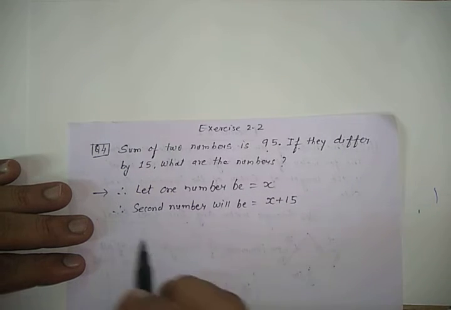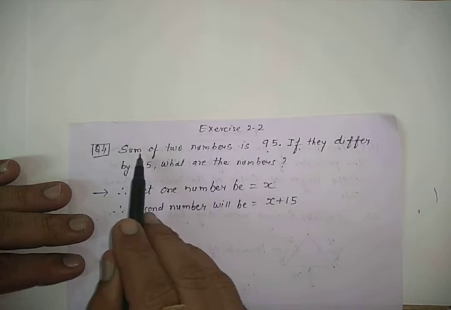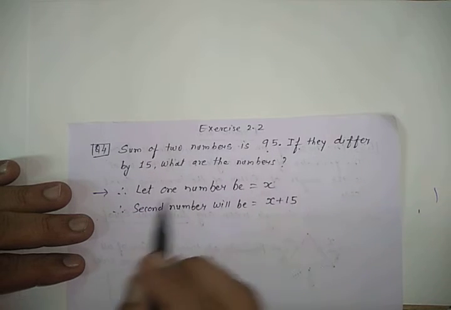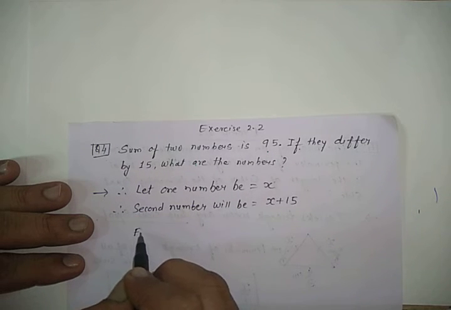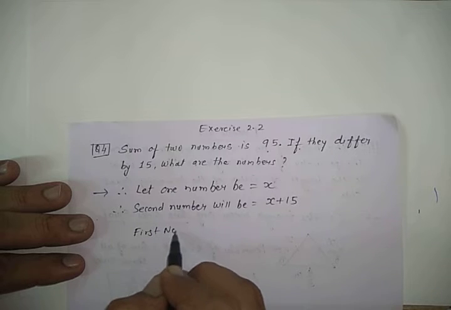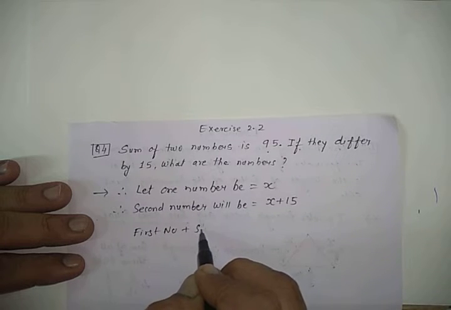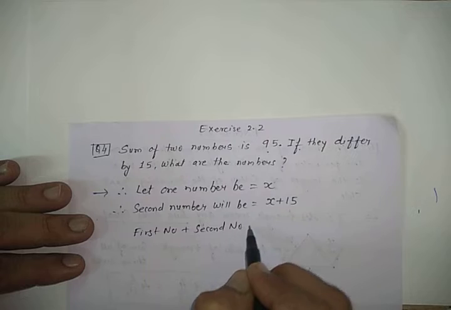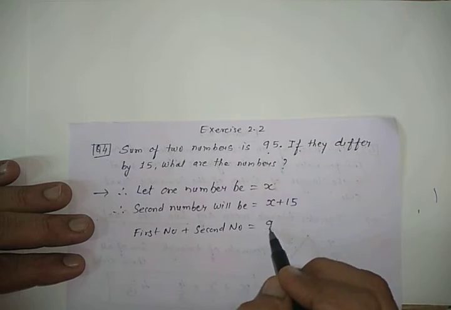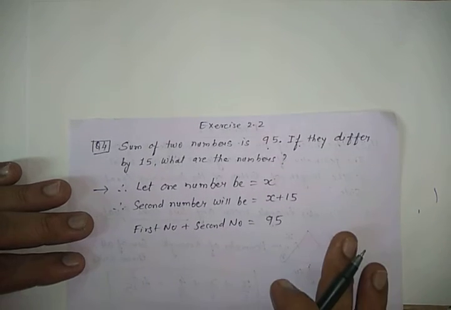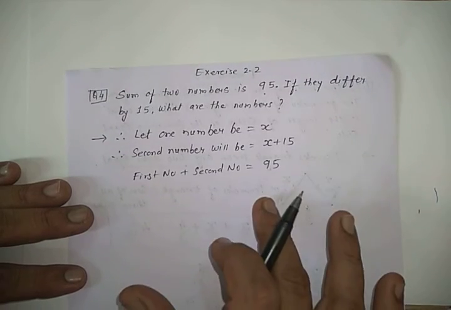Okay. Now as they have said, the sum of these two numbers means first number plus second number, and that value is equal to 95. Okay. So using this equation we can solve.